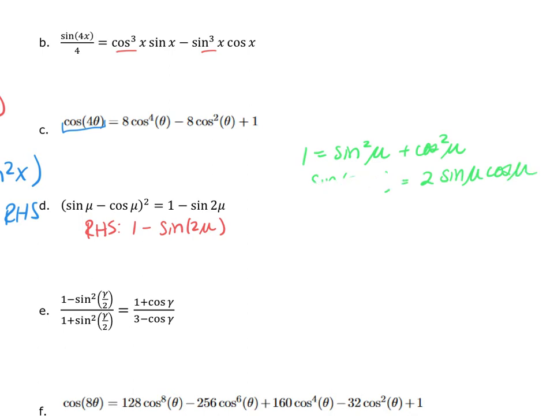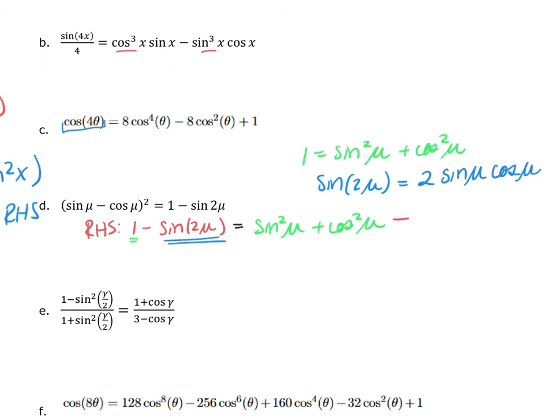So I'm going to replace this 1 with the sine squared mu plus the cosine squared mu. And then minus, I'm going to replace this with 2 the sine mu cosine mu.